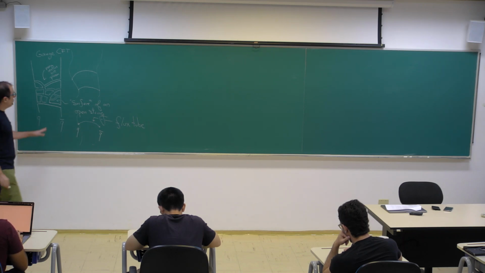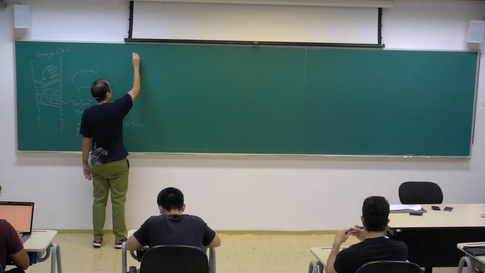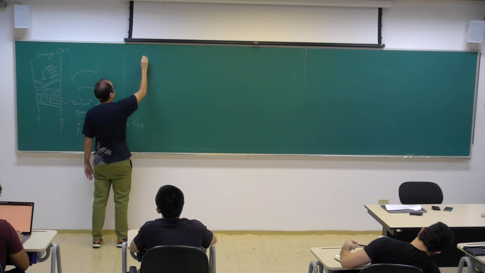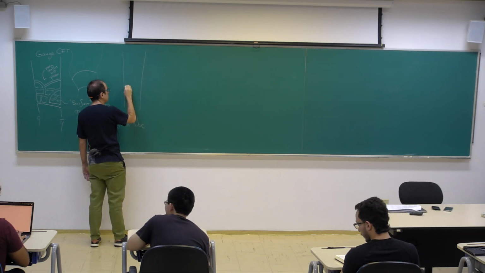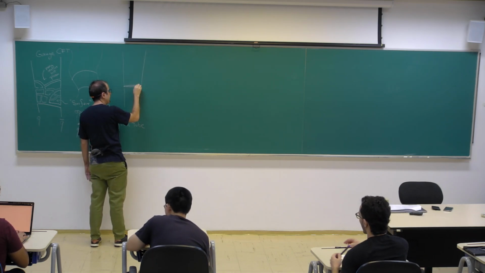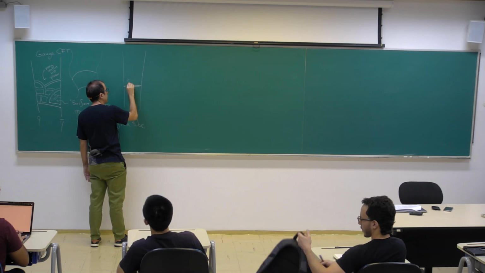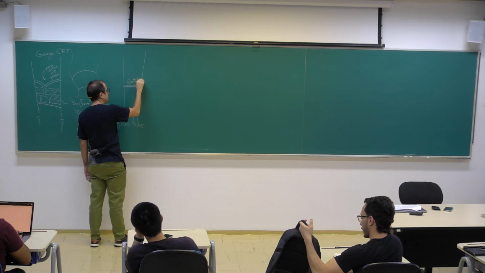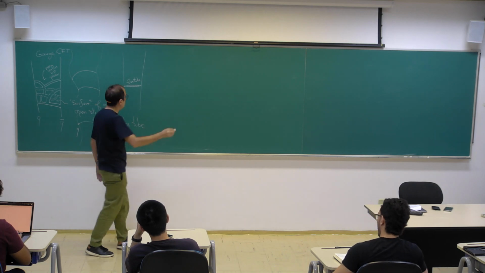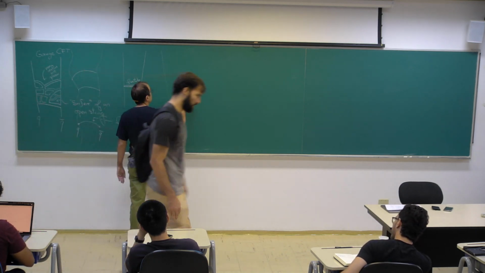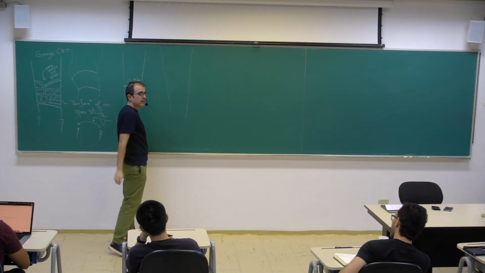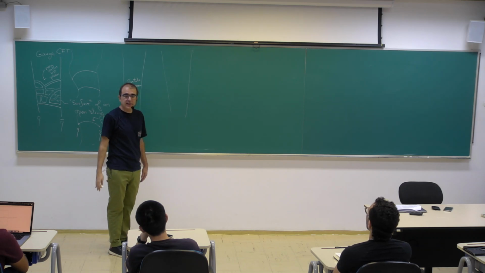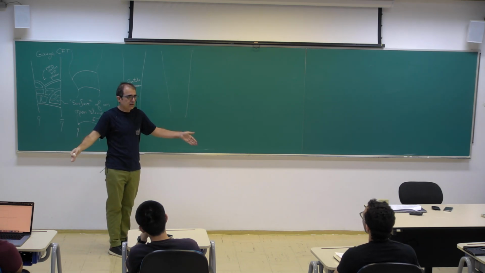Then if you do it, you don't get this flux tube of energy. This is not what you get. Instead, what you get, if you have a conformal theory, is that the force between the quark and the anti-quark decays as 1 over the radius, like the Coulomb force. That's the only thing that can be.